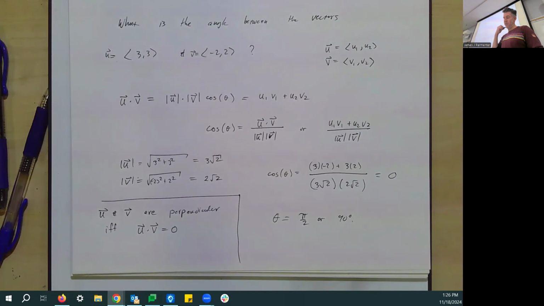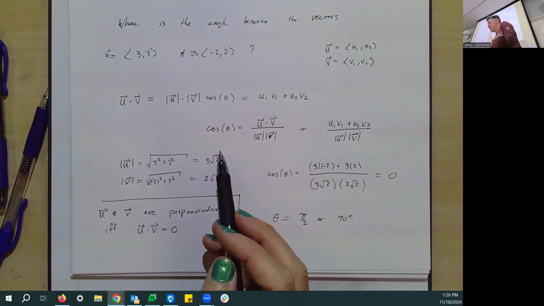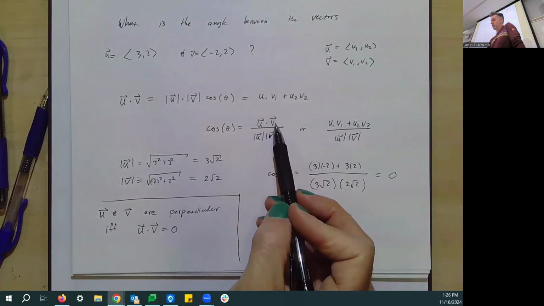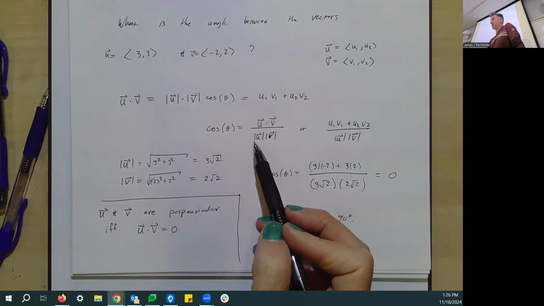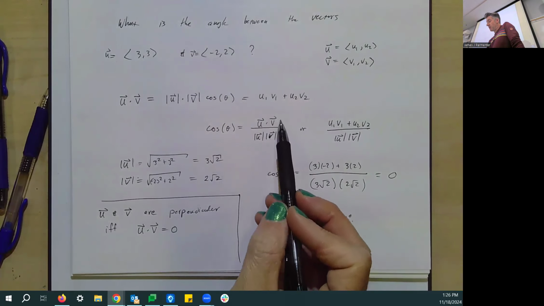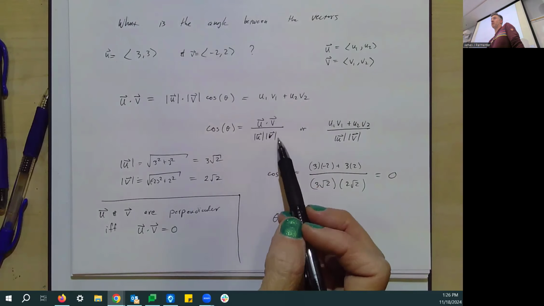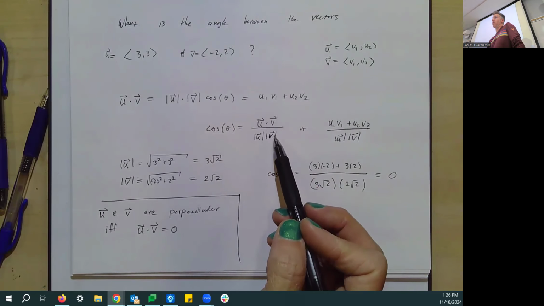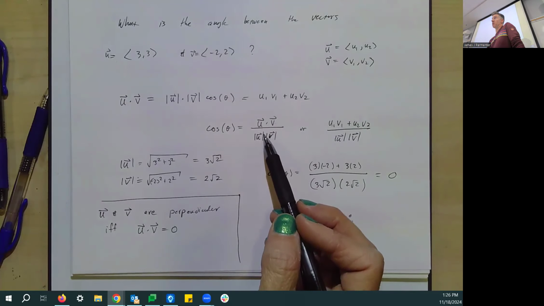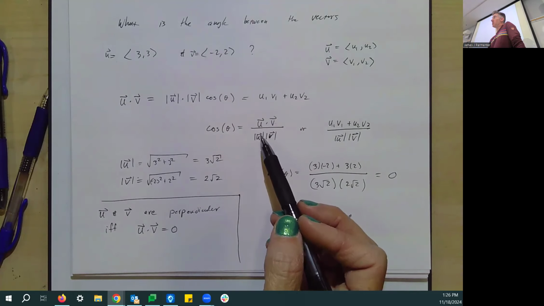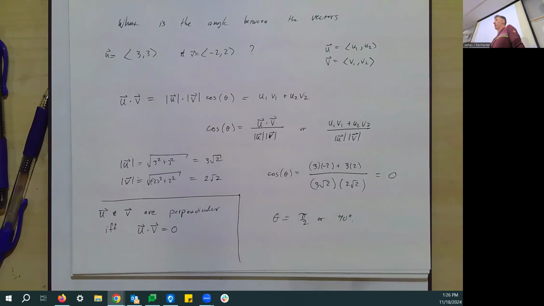Also, going along with that, since cosine of theta is equal to the dot product divided by two things that are both positive, if the dot product is positive, then cosine is positive and the angle is in quadrant 1. If the dot product is negative, which means cosine is negative, the angle is in quadrant 2. So the sign of the dot product fully determines if your angle is acute or obtuse.